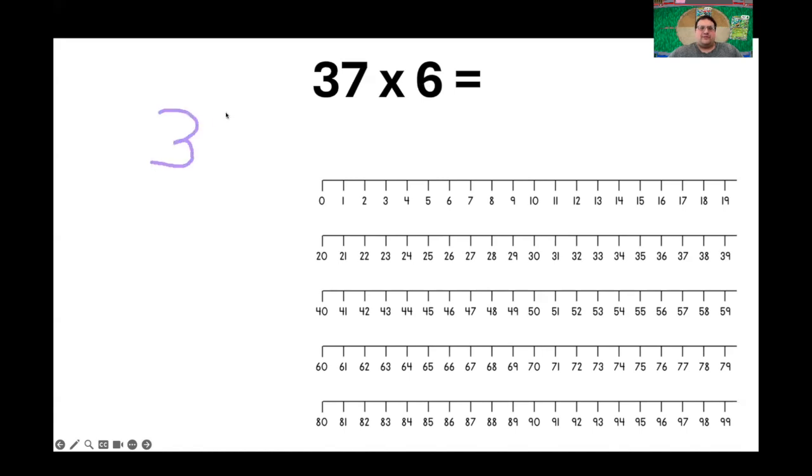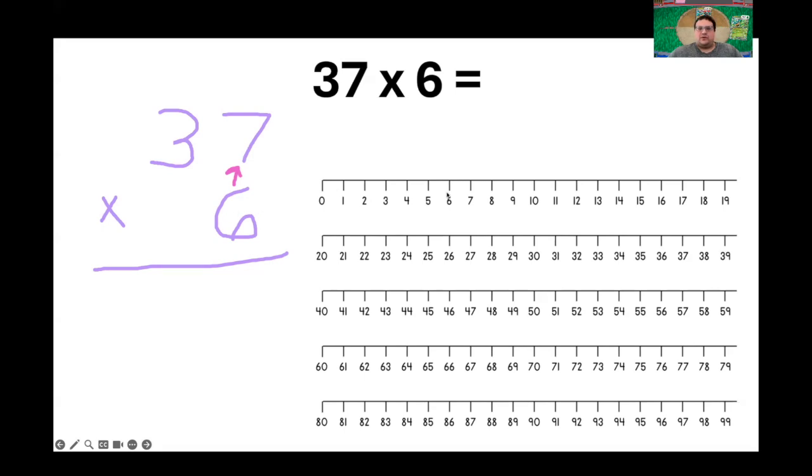We'll write our 37 at the top and multiply it by 6. And remember, what are we doing? 6 times 7 first. So we want to do our 6 times tables. So let's get started.